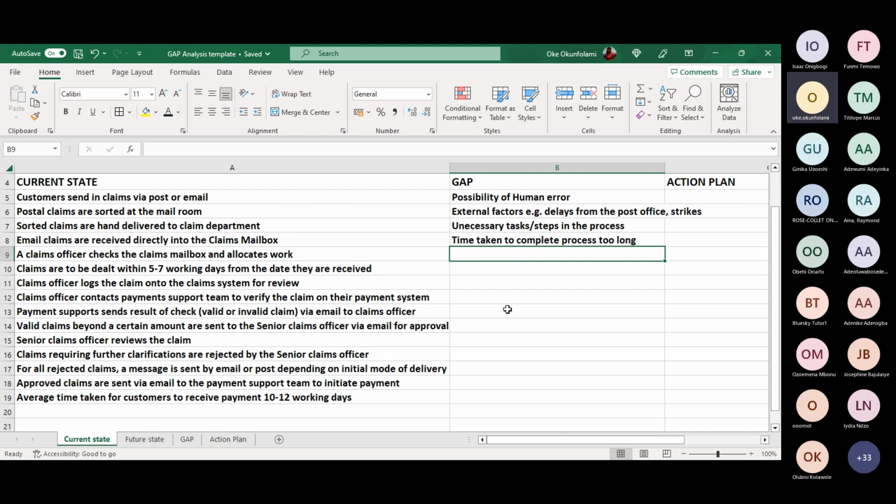So what do you think is causing the time to be long? I think it's the whole process, like what they have mentioned, the delay factor, the unnecessary tasks and steps in the process, isn't it? Okay, cool.